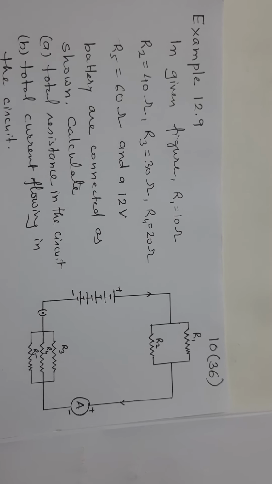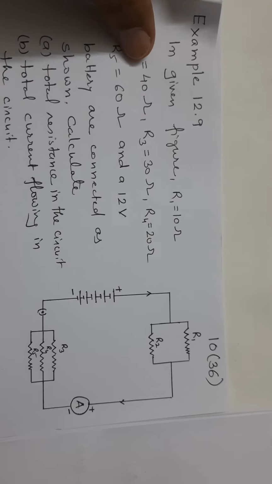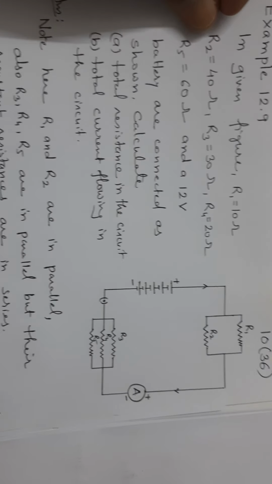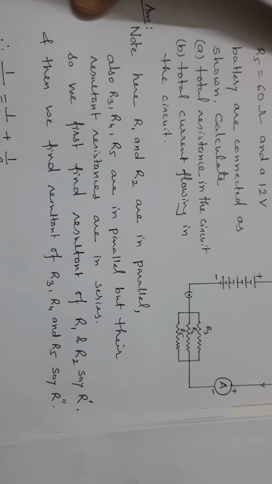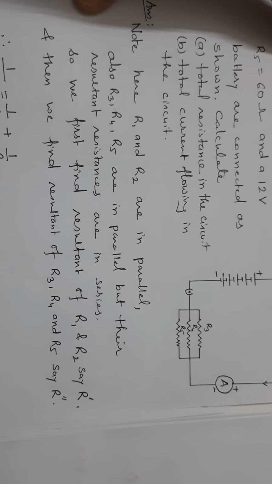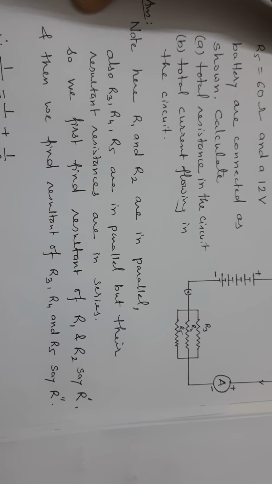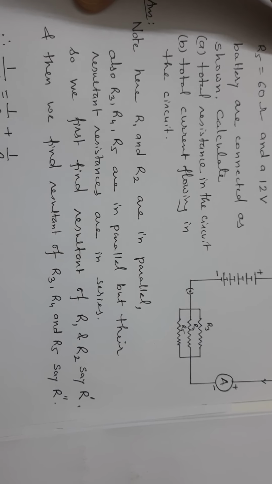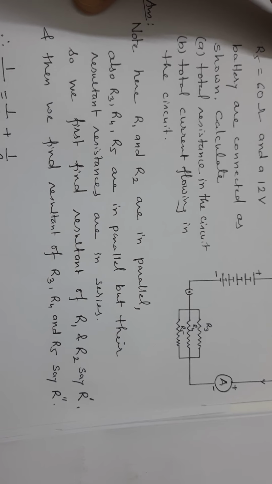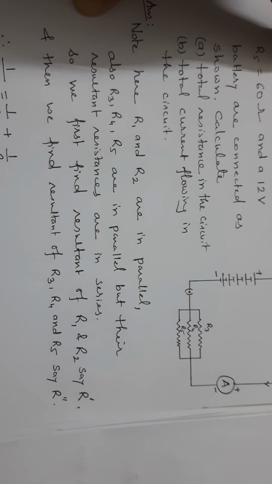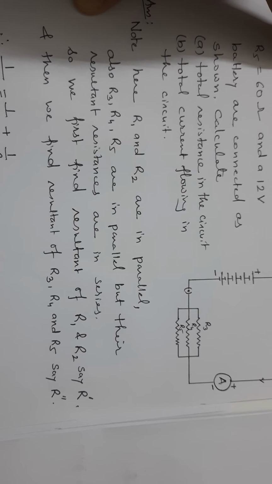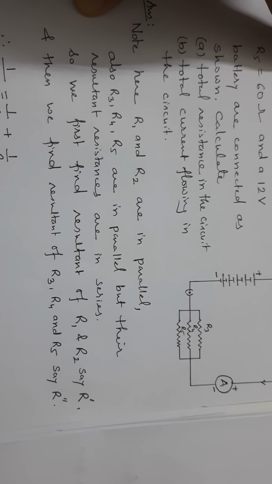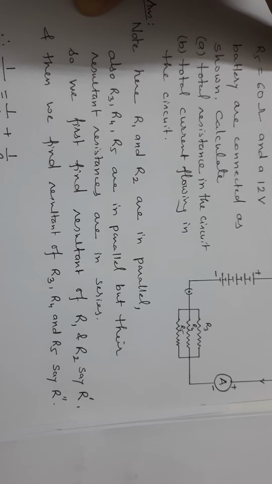So note here, that is what we have written: R1 and R2 are in parallel. R3, R4 and R5 are parallel, but the resultant resistances are in series. So we must find the resultant resistance of R1 and R2, say R dash, and then the resultant resistance of R3, R4 and R5, say R double dash.